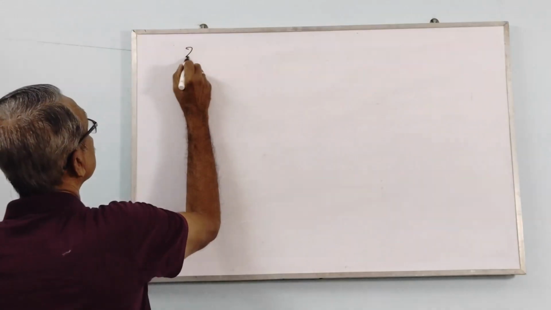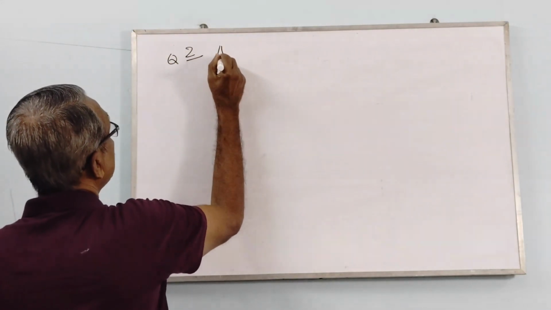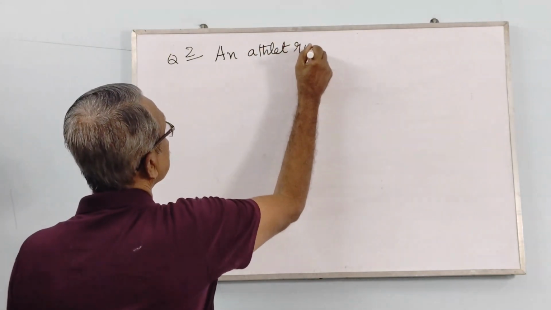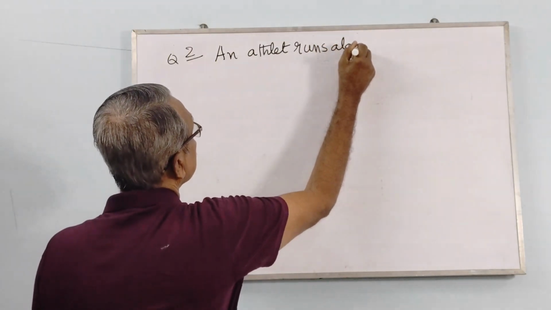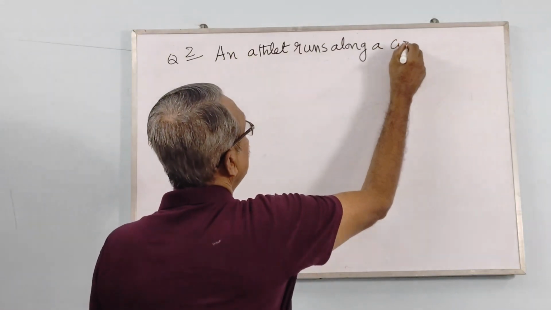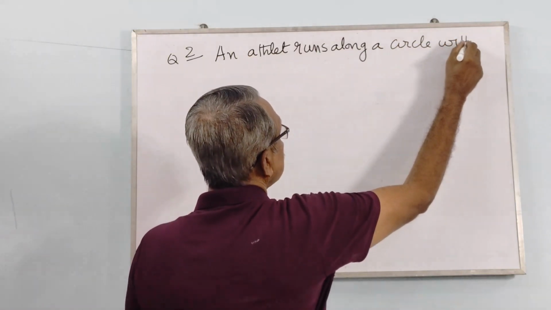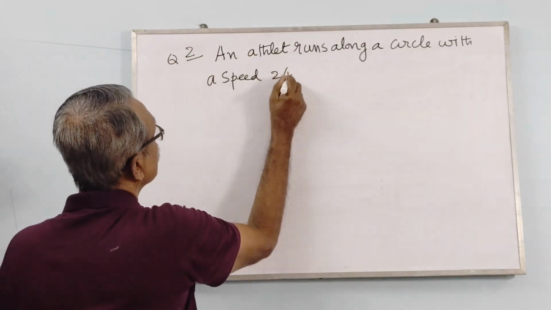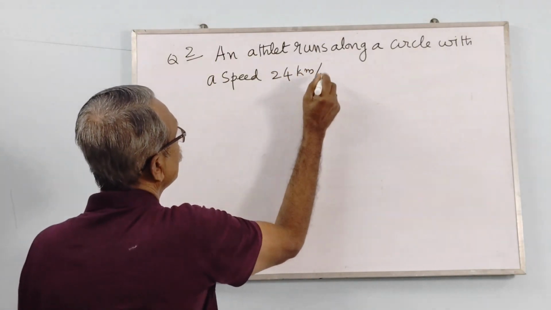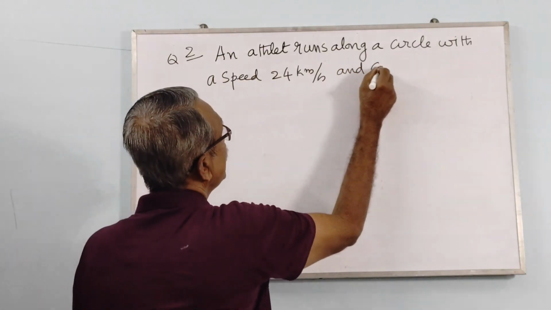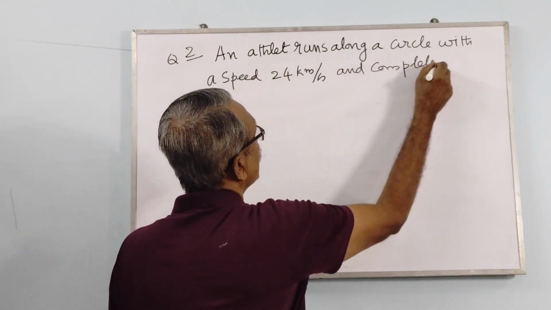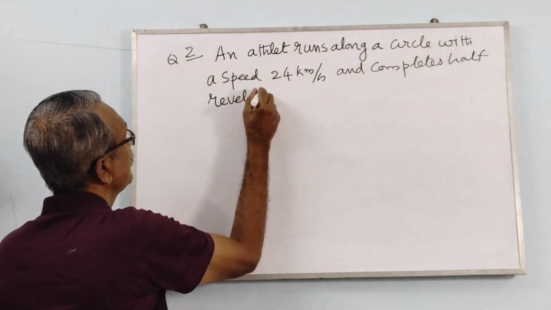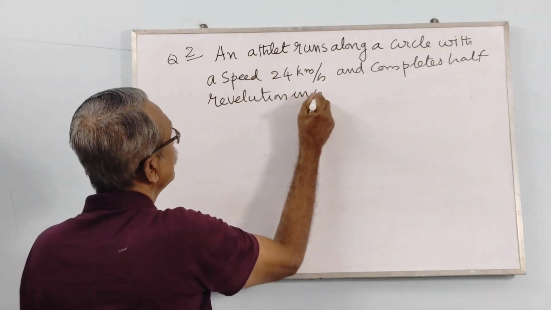Second question. An athlete runs along a circle with a speed of 24 kilometer per hour and completes half revolution in 5 minutes.